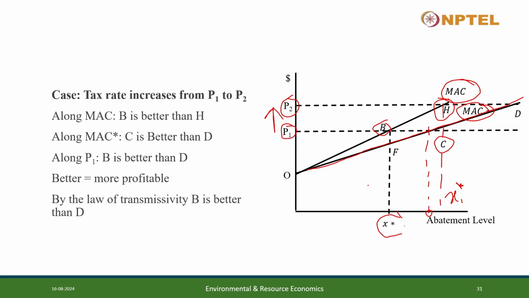Between B and C, which one is more beneficial for me? Between B and H, which one will I choose, or which one will have lesser cost?